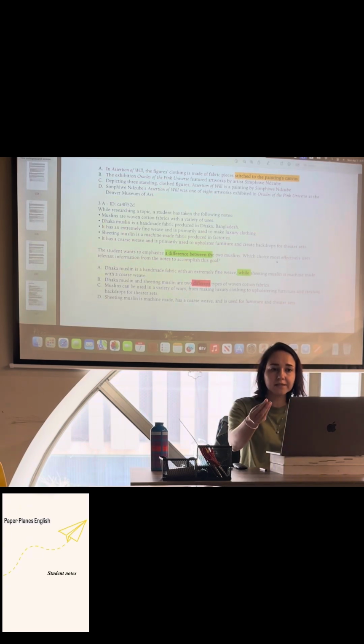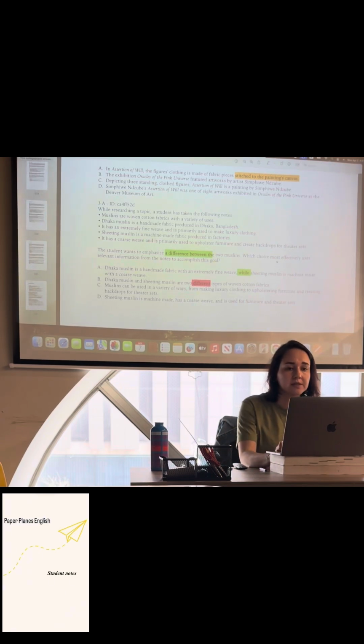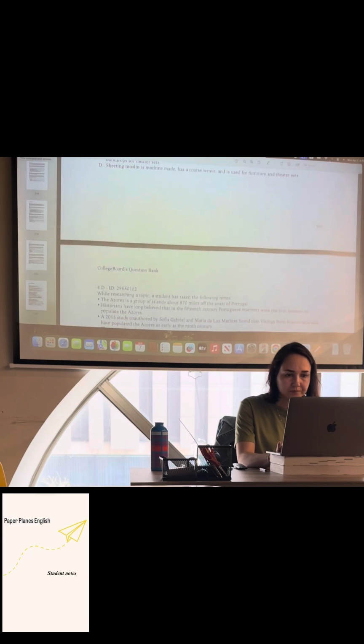The question asked how they are different from each other. Which option talked about it? Option A said that one of them is a handmade fabric, the other one is machine-made fabric. So this is a difference between them. Okay, be careful about such tricky words in the options.